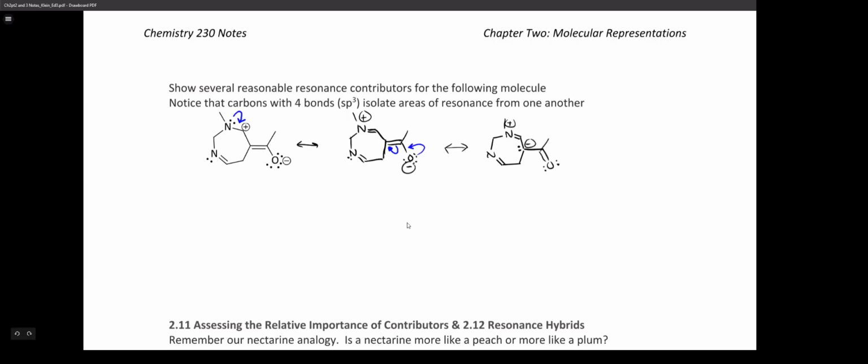And I could do this then. The only way these electron pairs could go is up, right? But now this carbon has an octet. So let's push those electrons to the nitrogen. And that gives the nitrogen its lone pair back.